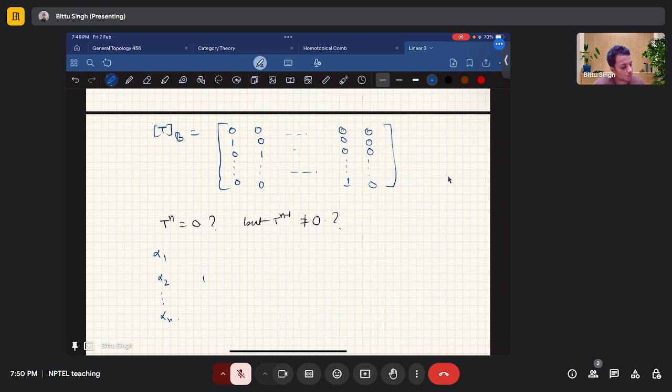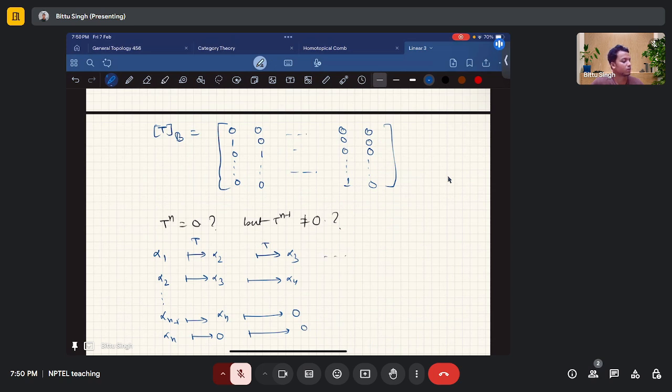If we apply T, alpha 1 becomes alpha 2, alpha 2 becomes alpha 3, alpha n minus 1 becomes alpha n, and alpha n becomes 0, right? This is the first application of T. Then if we apply T again, by definition alpha 2 goes to alpha 3, alpha 3 goes to alpha 4, and alpha n goes to 0, right? 0 always goes to 0 under linear transforms.